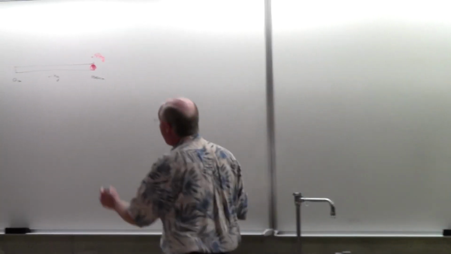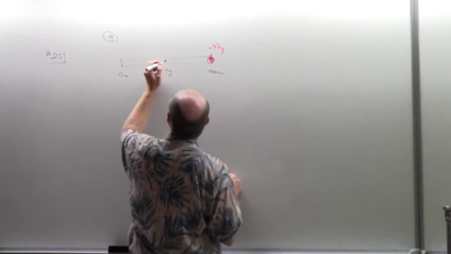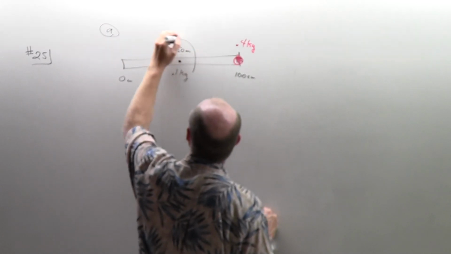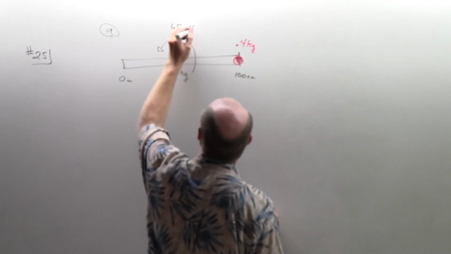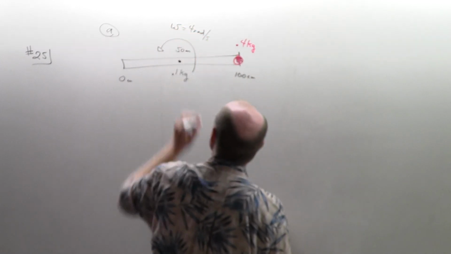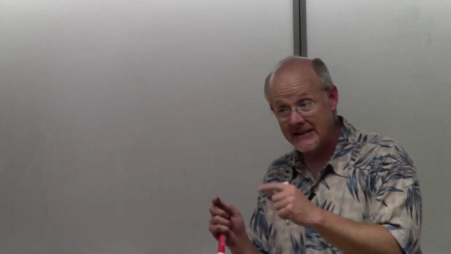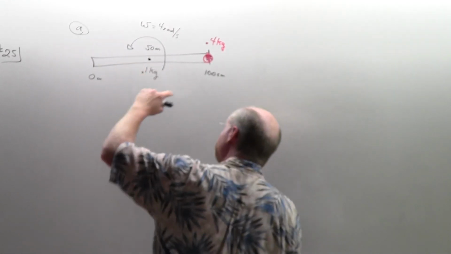So I'll put A here, and I'll put a little dot at the 50 centimeter mark with kind of a circular arrowhead saying this is its angular speed. Its angular speed is 4 radians per second, about an axis perpendicular to the table. So again, it's three-dimensional, so this pen would be the axis like that.